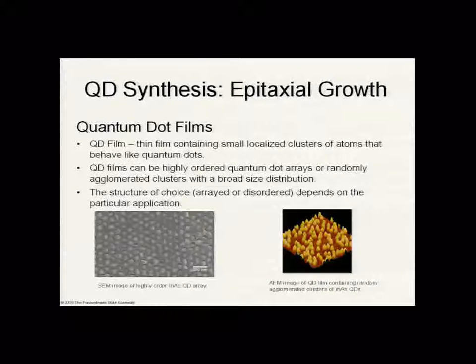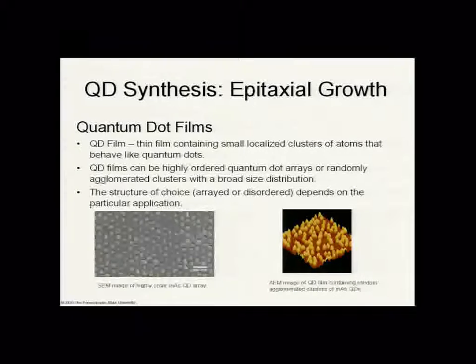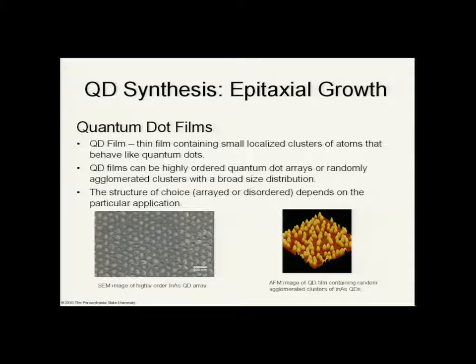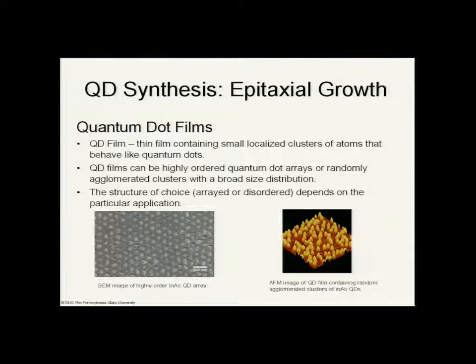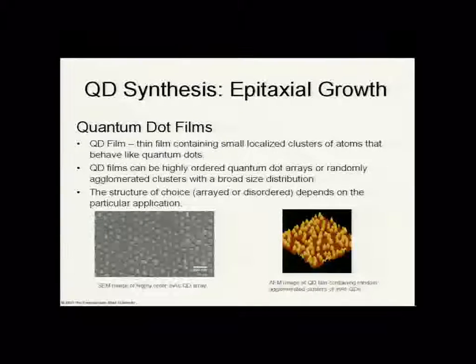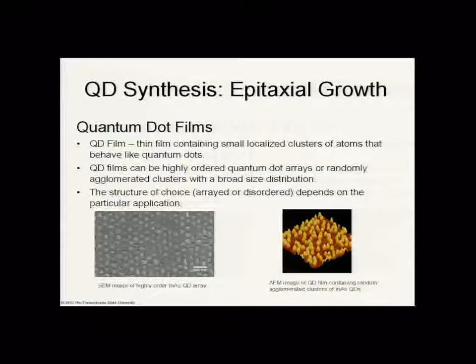So, quantum dot films. These are thin films containing small localized clusters of atoms that behave much like quantum dots. Quantum dot films can be highly ordered quantum dot arrays or randomly agglomerated clusters with a broad size distribution. The structure of choice, arrayed or disordered, depends on the particular application.